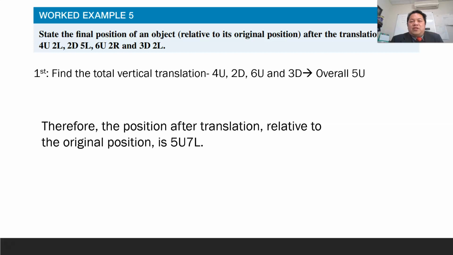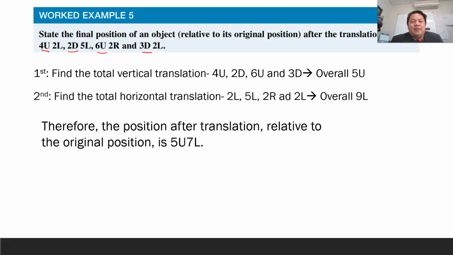First, we identify all the vertical movements: 4 up, 2 down, 6 up, 3 down. If you do the calculation, the overall is 5 up. The second is the horizontal, which includes 2 left, 5 left, 2 right, and 2 left. The overall is 9 left.